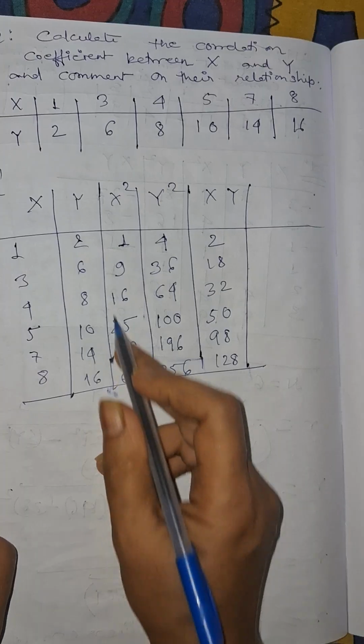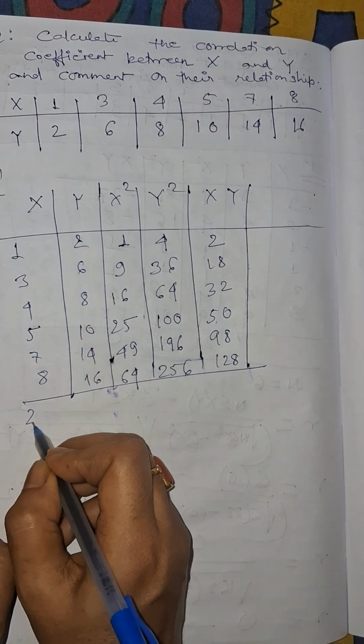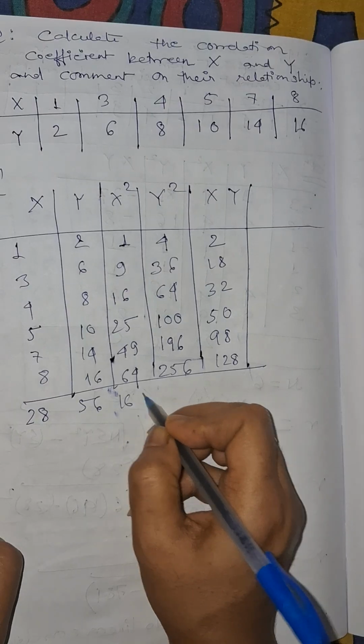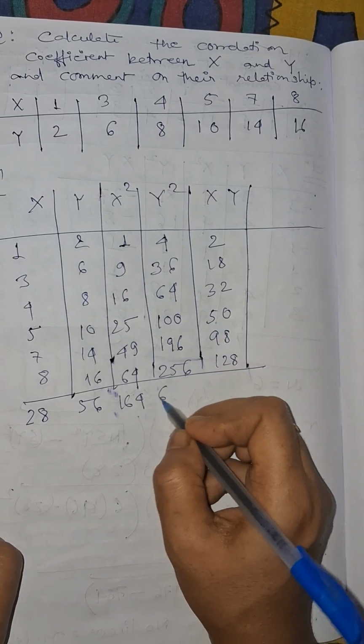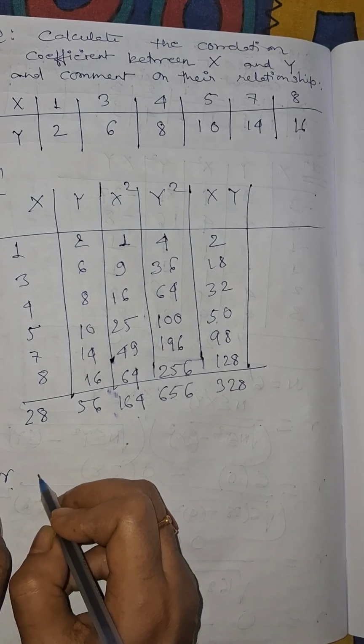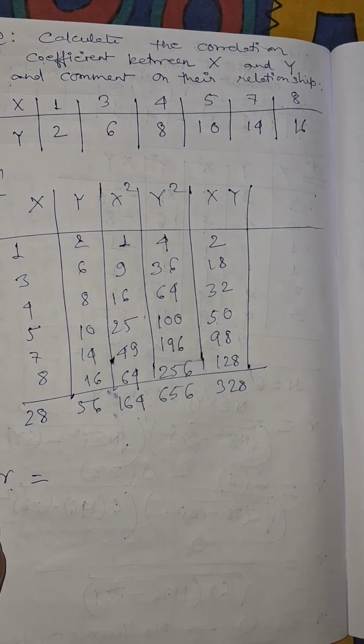Then we add up the values. So the first x is what? It is 28, then adding up all this is 56, then it is 164, then adding up all the values is 656, then the last one is 328. So we put it in the formula once again.